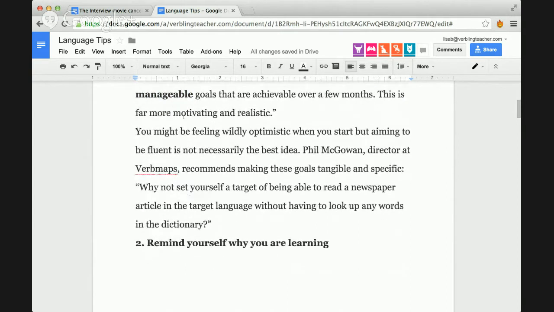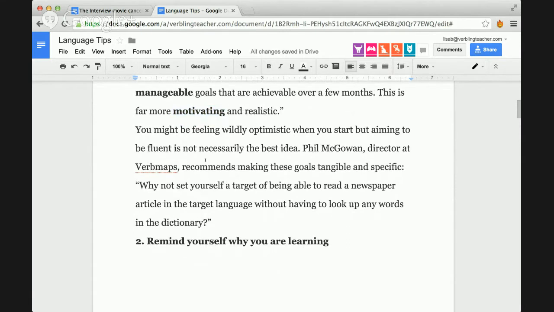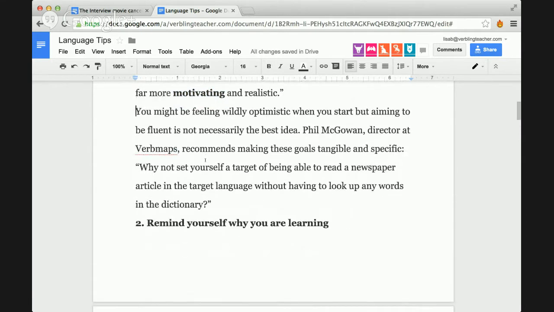And these are more motivating. So these types of goals help you to keep being motivated and being realistic. You wouldn't want to start off with, I want to read English literature, Shakespeare in the original form, right when you're starting to learn English. That's a big goal. Not realistic, probably.